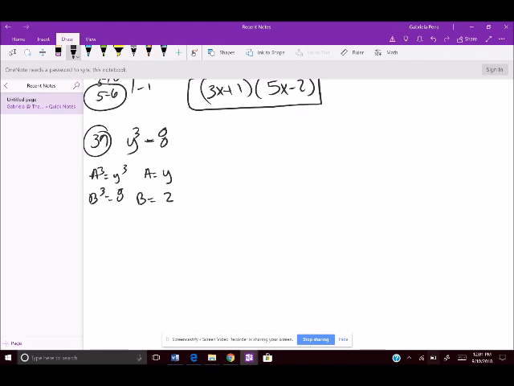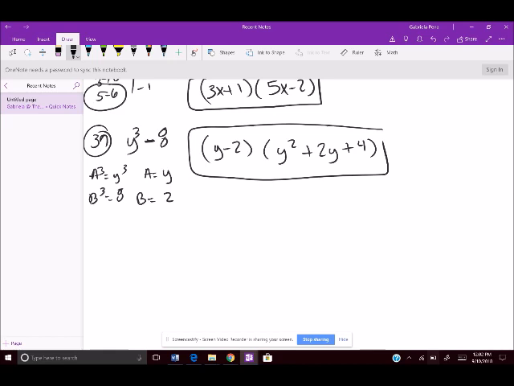So we follow the formula for the minus, which is A minus B. So Y minus 2. And then it's A squared, so Y squared, plus A times B, which would be 2Y, plus B squared, which is 4. And that's it. So this is the very last thing that we did learn.